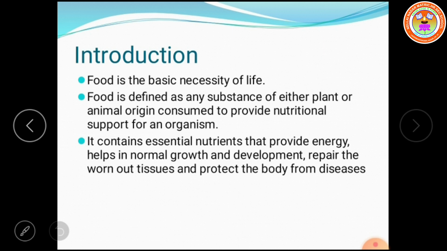Different types of nutrients we consume in daily life are classified into five major groups. So what are the classes of nutrients?